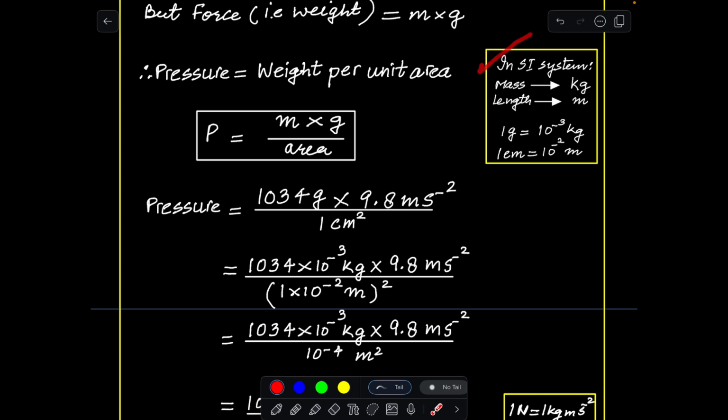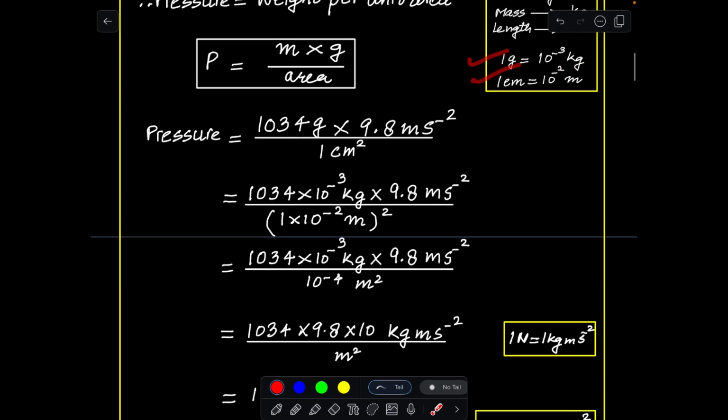Mass will be converted into kilograms by this relation, and centimeter square will be converted to meter square with the help of this scale. So we put down the values, mass in kilograms and area in meter square, and simplify the values.